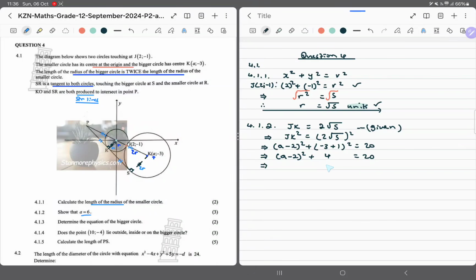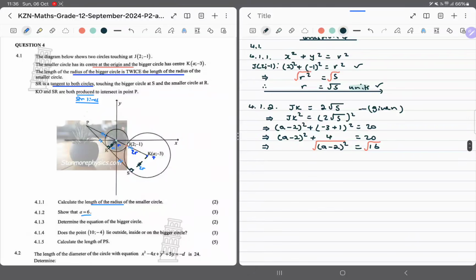So this implies that (a minus 2) all squared is equal to 16. When we transpose the 4, again we do the gymnastics that we want, rather than ending up with a parabola, which sometimes, your mathematical gymnastics are not so strong, so avoid things that give you problems.